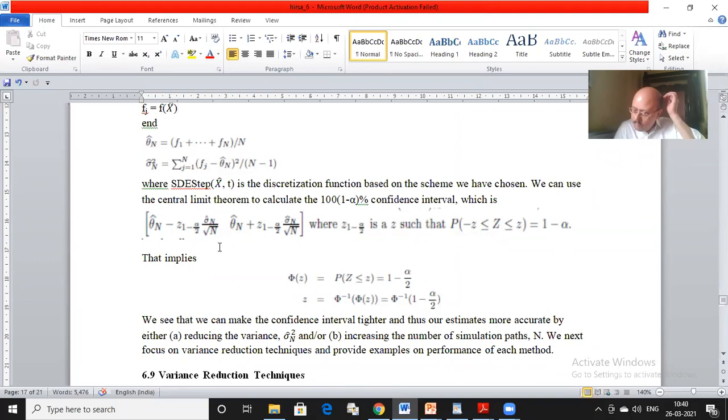So now we will focus on certain variance reduction techniques. We have a fixed budget, so we can only create so many paths. Let's say we cannot increase capital N too much, but using the same computational resource, can we devise a strategy which will give us a lower variance, which would also make the interval tight?